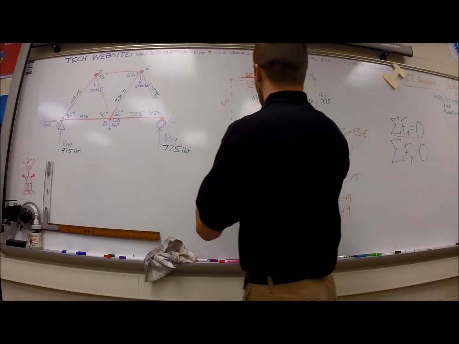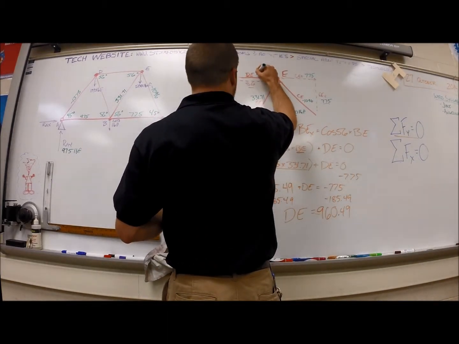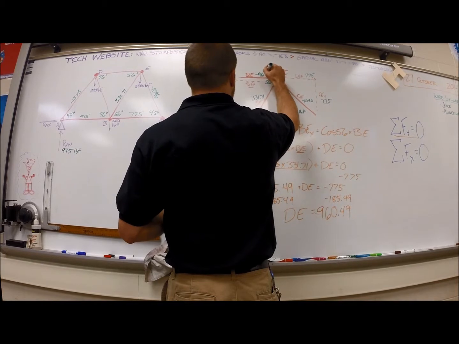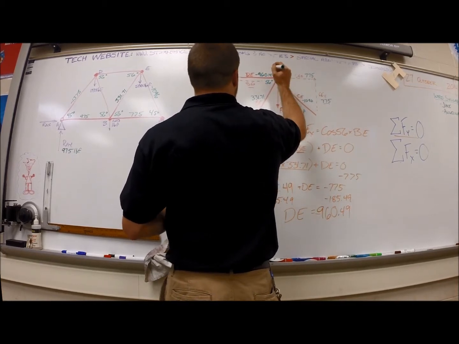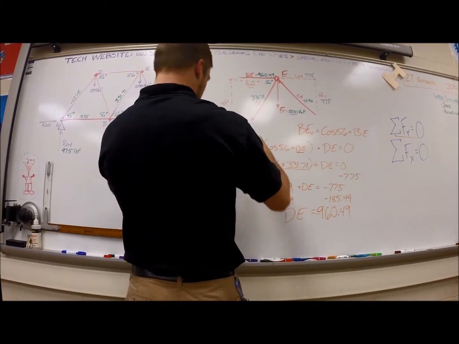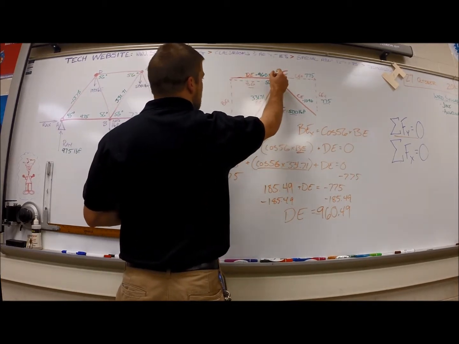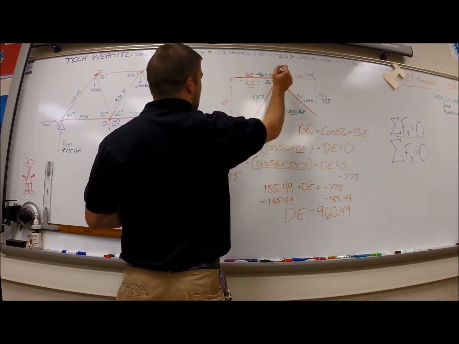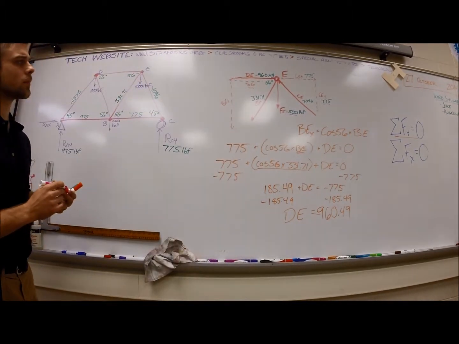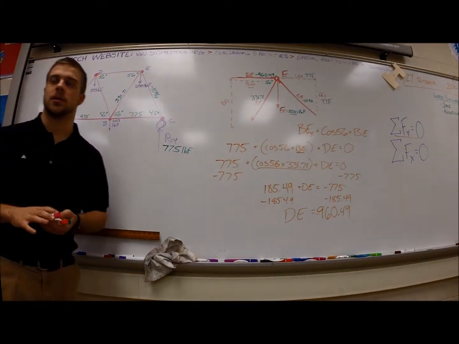So the value up here is negative 960.49, and we're going to turn around our arrows. That means it's in compression.